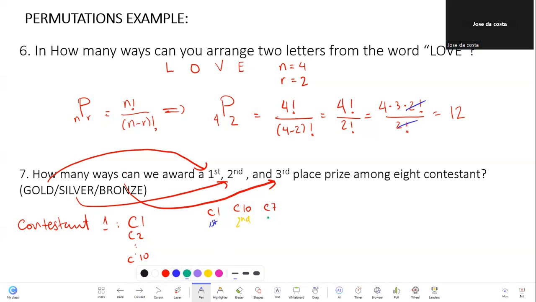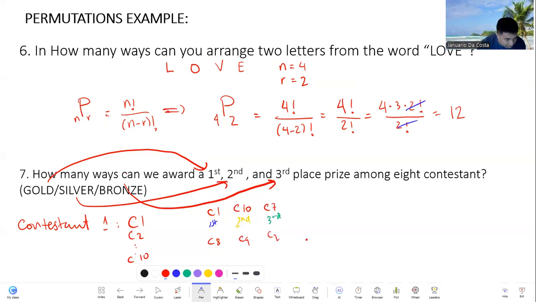We don't know. Or maybe contestant 8 is in the first place, contestant 9 is in the second place, and then contestant 2 is in the third place. We don't know that, right? But these are all possibilities. So how many different ways can you do that?